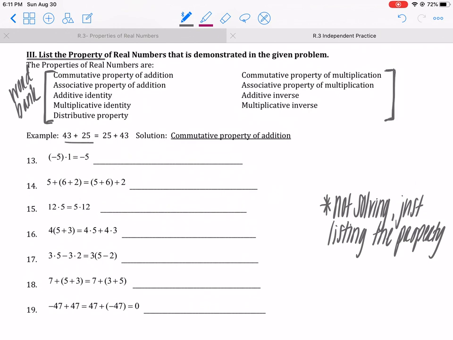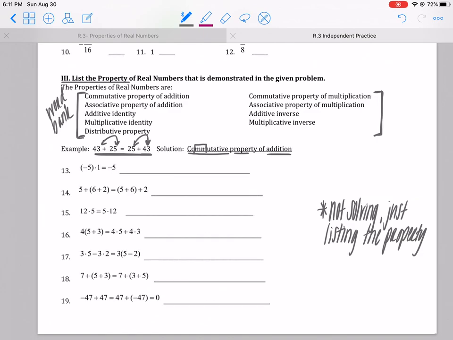So if I give you this equation, 43 plus 25 is the same thing as 25 plus 43, you need to tell me what property that is. Well, look at what happened. Their location or order swapped, okay? How many numbers am I talking about? I'm talking about 2 numbers. So this is the commutative property of addition. Because the 2 numbers, their order swapped, we're adding it. That is the property you'd list.